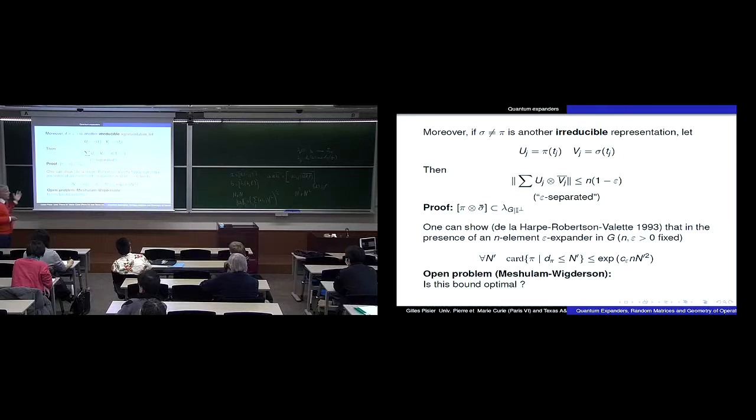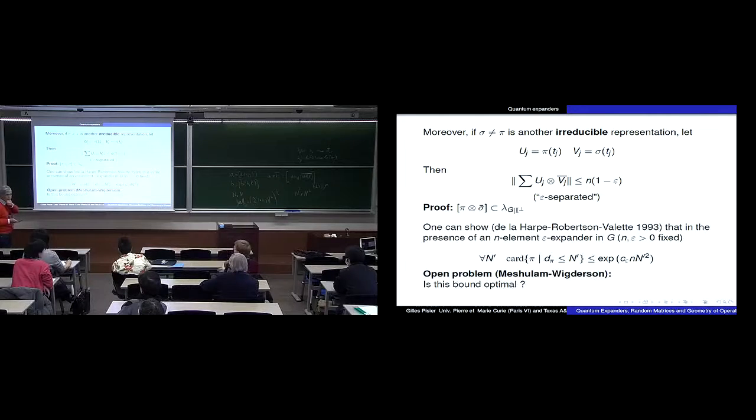And since it is included, that means that this representation has this matrix as a block matrix somehow. So every norm that you compute with this will be less than the same norm computed with this. Okay? So it tells you that the norm here will be less than the same thing where you replace this representation by this one. And this is then the spectral gap of the expander.